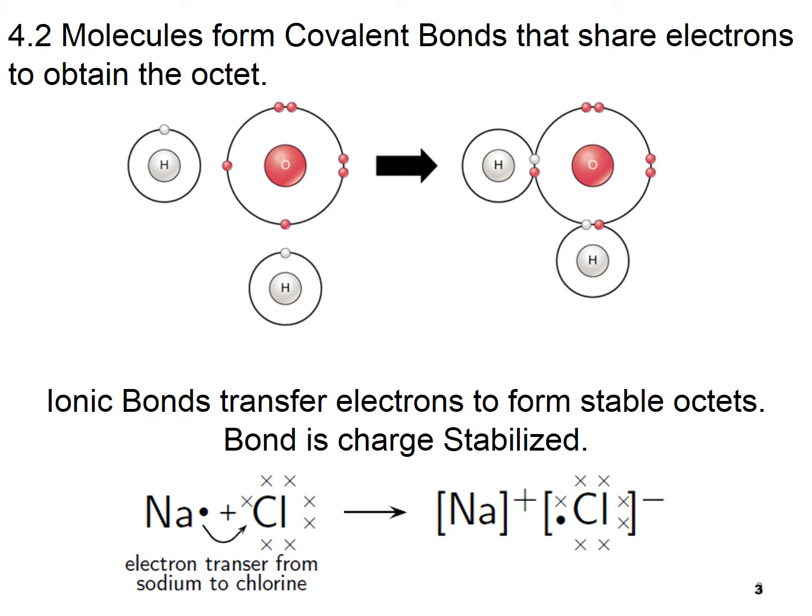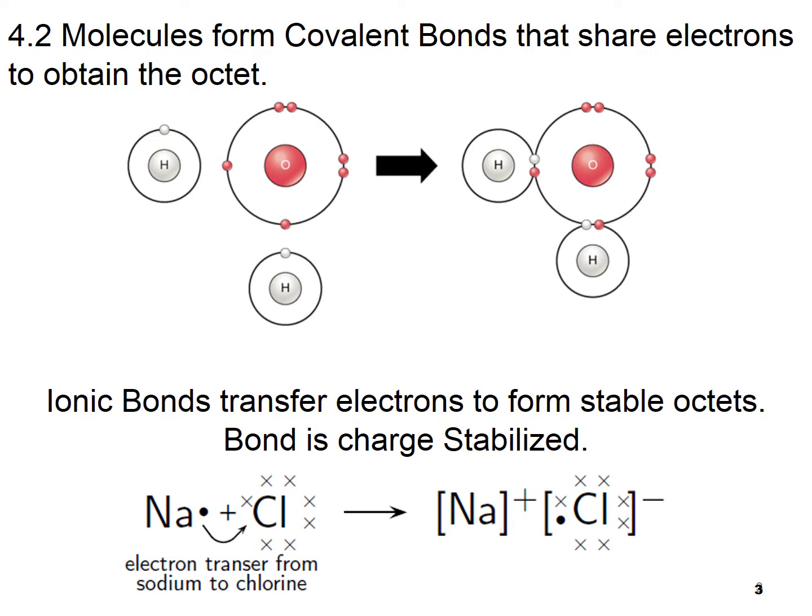Now, the next thing we're going to point out is that ionic bonds are also trying to get a full octet, although they're going to do it in a very different way. Instead of sharing these electrons, the chlorine is going to steal the electron from sodium to form an octet. And sodium actually loses that electron and becomes the octet in the previous shell.